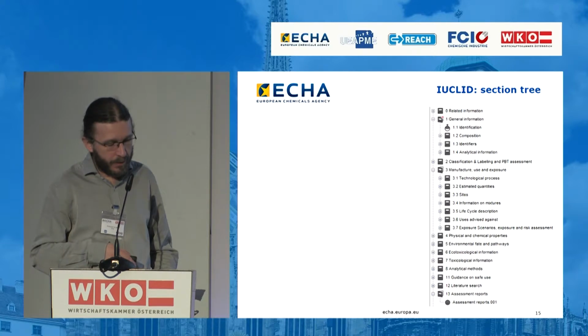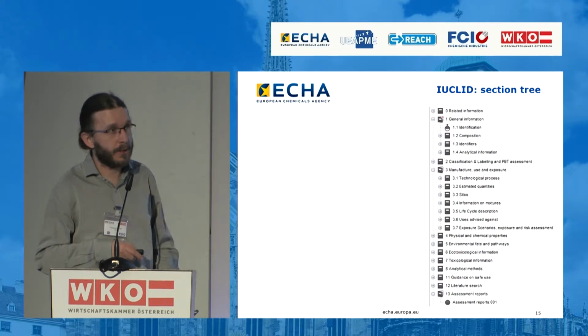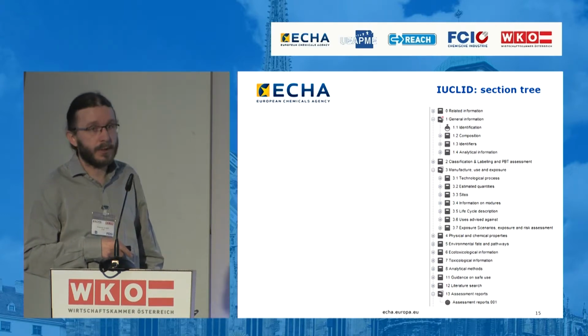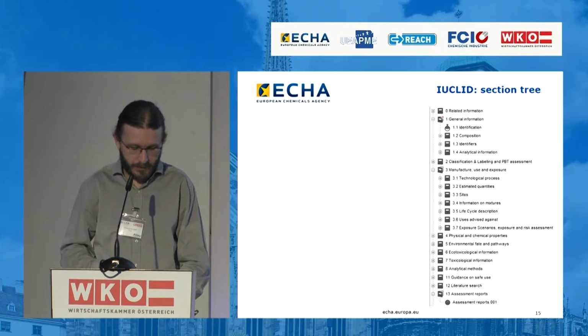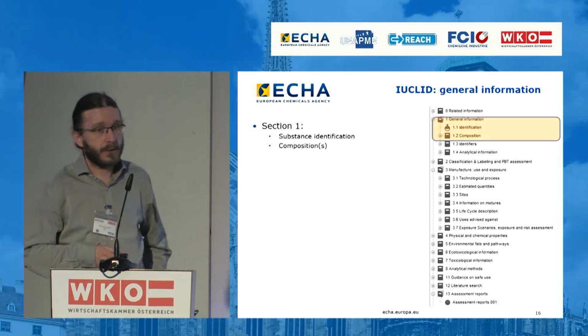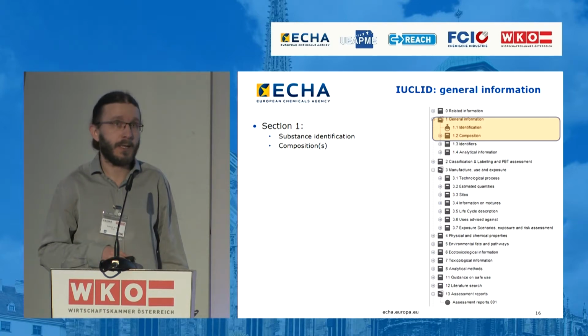So before we go into more detail with specific examples of dossier creation, I will go through the full table of content of a dataset, explaining what type of information can be collected there. The first part of the substance dataset is about substance identification.